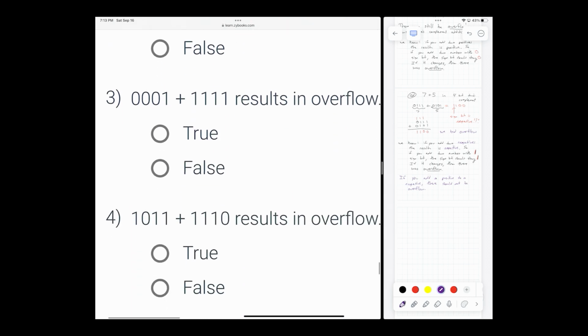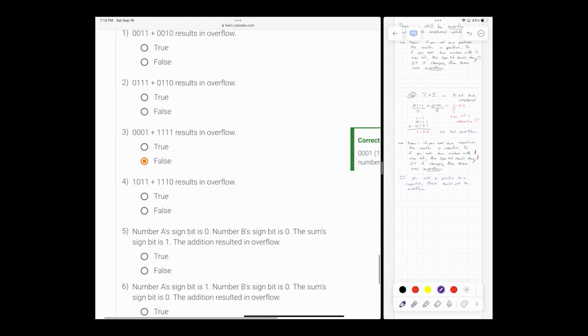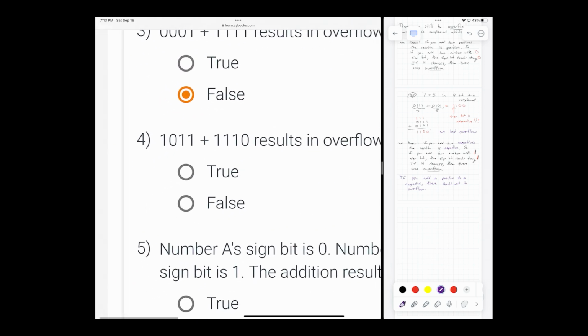On the third one, we don't have to add them, because the first one is a positive number and the second one is a negative number, and you can't get overflow in that case. So I know that that's going to be no overflow. The fourth one, where the sign bits are both 1, we would have to check that one.